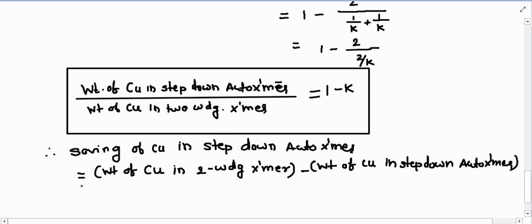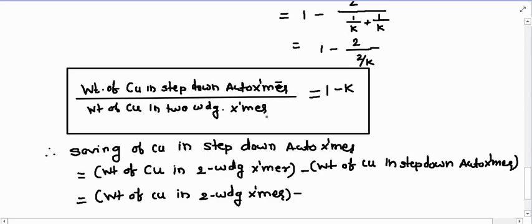Right? What is the weight of copper in two winding transformer? That I will write down as it is. Weight of copper in two winding transformer minus. What is weight of copper in step down transformer? I can write down it as 1 minus K into weight of copper in two winding transformer.